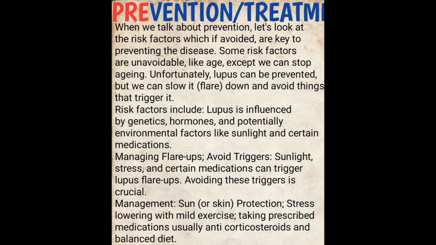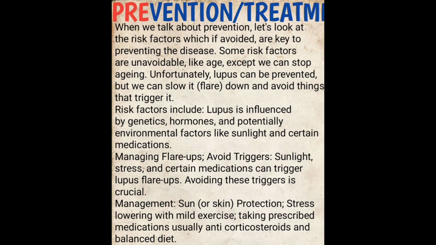So managing flare-ups by avoiding triggers is crucial. The triggers could be sunlight, stress, and certain medication can trigger lupus flare-ups. So management of that, making sure you don't get triggered.